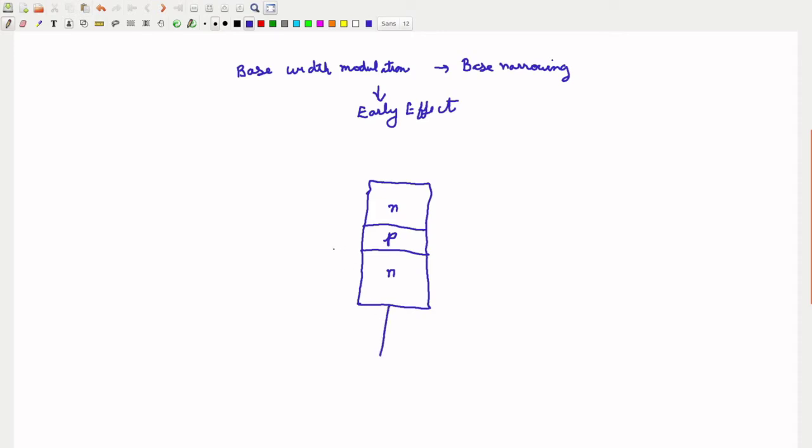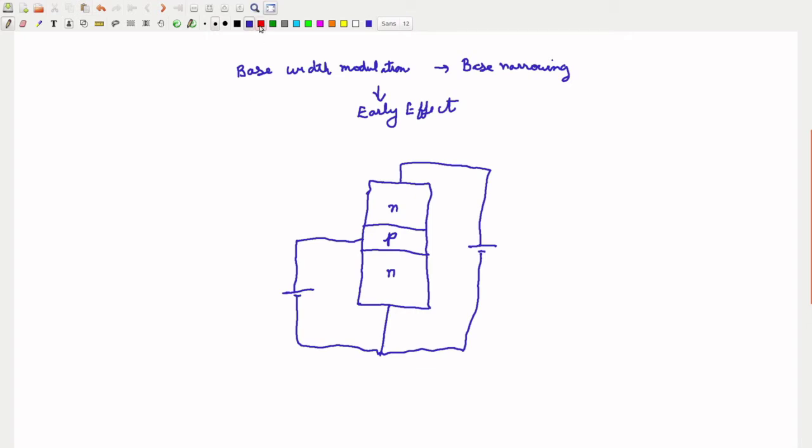This is the emitter. As you all know, we will have the emitter base junction forward biased and the collector base junction reverse biased by connecting external voltage sources.